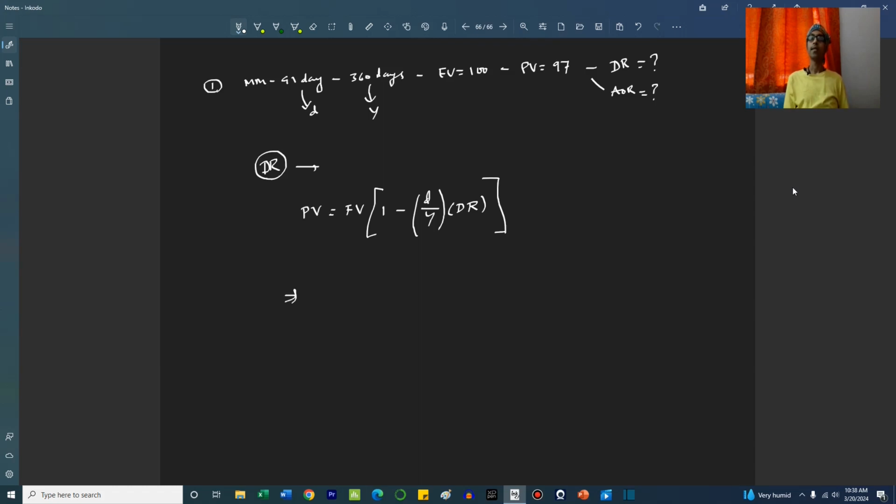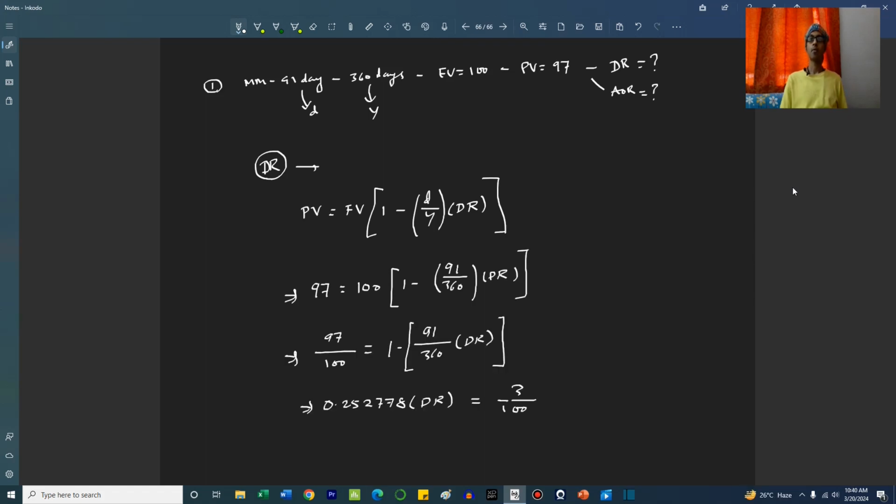So all the values we have, just the DR we have to take out. So this implies 97 is equal to 100 into 1 minus 91 by 360 into DR. So guys, we can easily rearrange this equation to get to this stage, right? So this means 0.03.